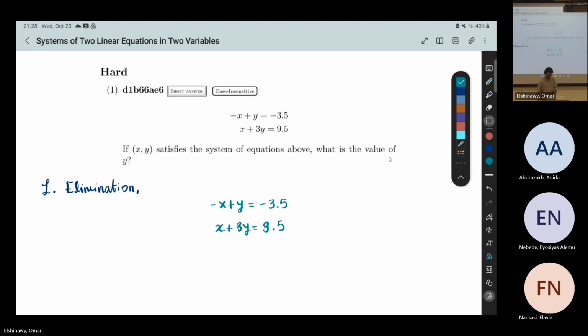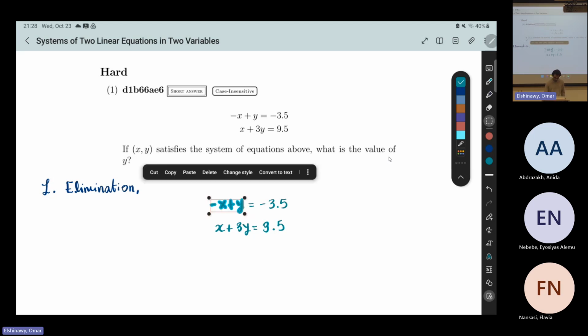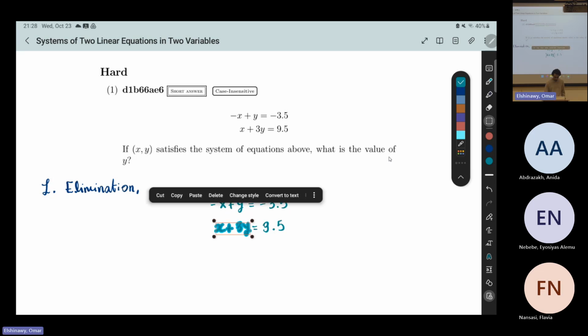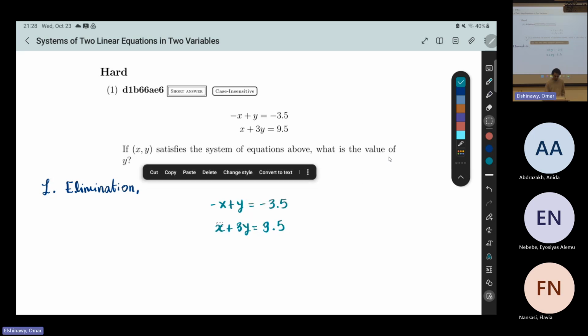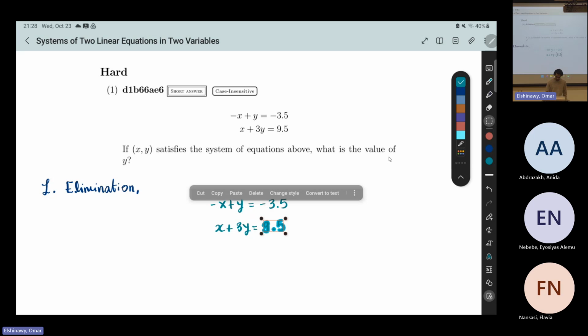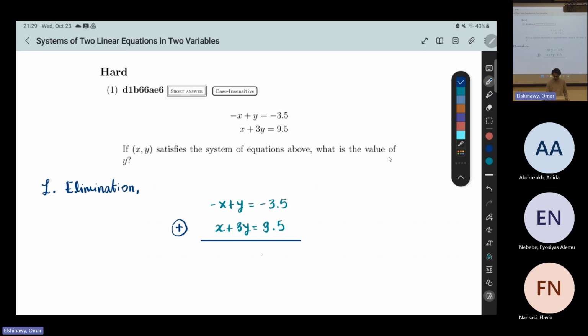So if this is equal to this, and this is equal to this, then this plus that is equal to this plus that. That's really the concept behind it. So you can add and take away equations. And as Isiosius suggested, you can add these two equations.